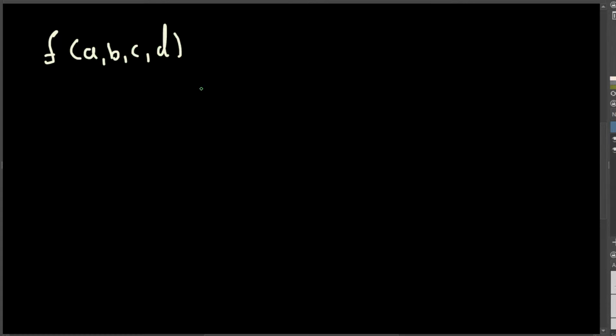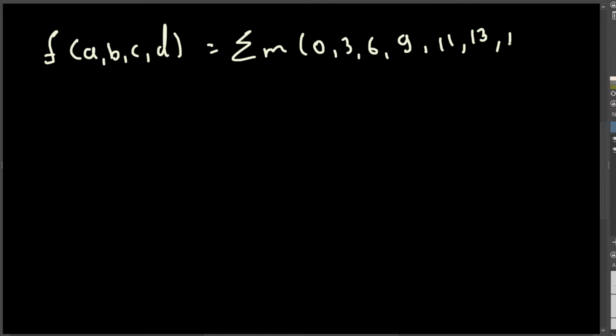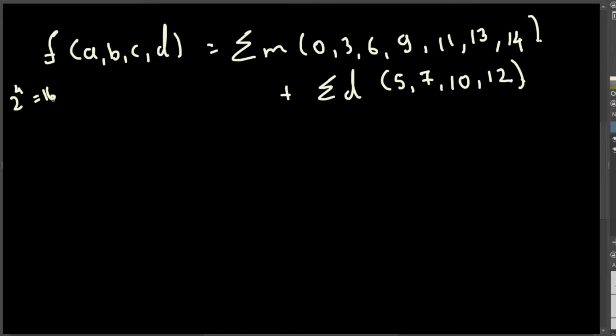We have a four input function given, that is min term 0, 3, 6, 9, 11, 13, 14, and plus don't care, that is sigma d 5, 7, 10, 12. So here we have 4 inputs, so the number of locations we are going to have is 2 power 4, that is 16. So we have to create a 16 location K map.